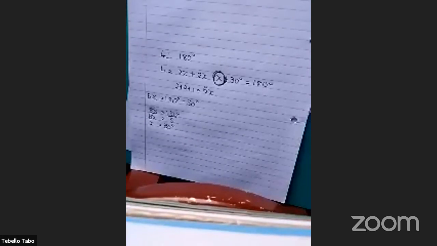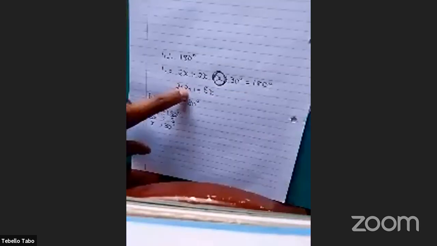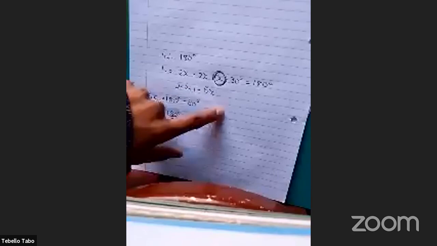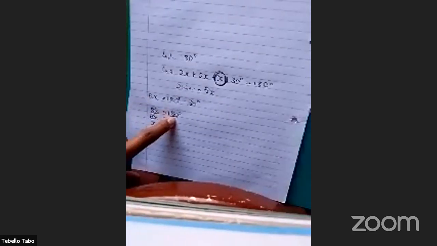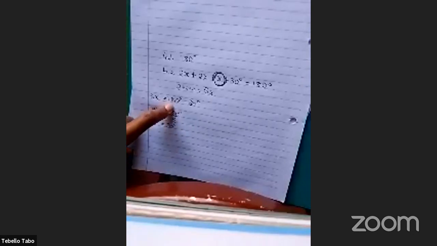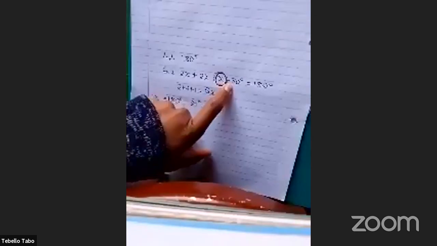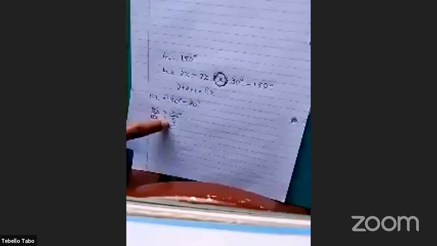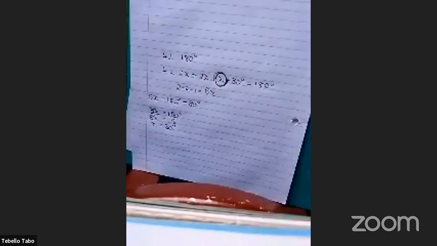Then we add our 2 plus 2 plus 1 equals 5x. So here's our 5x, then. 5x equals 150 degrees. Why? Because we said 180 degrees minus 30 degrees. Where do we get that 30 degrees? Here it is, right here. Then we divide by 5, and our x will be 30 degrees. Okay, so let's do the last question.